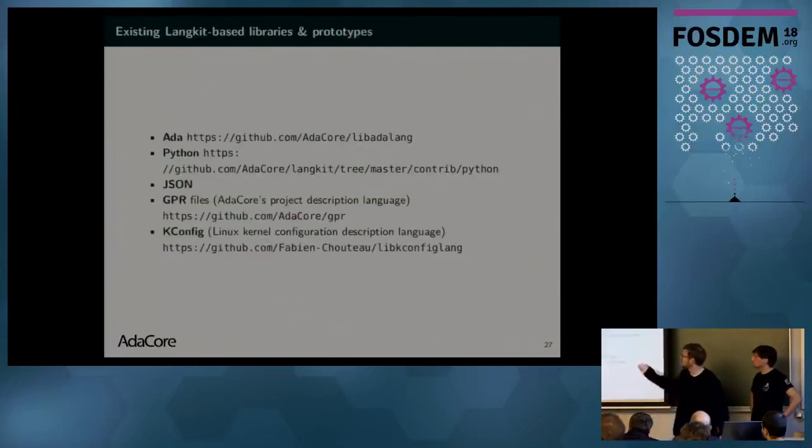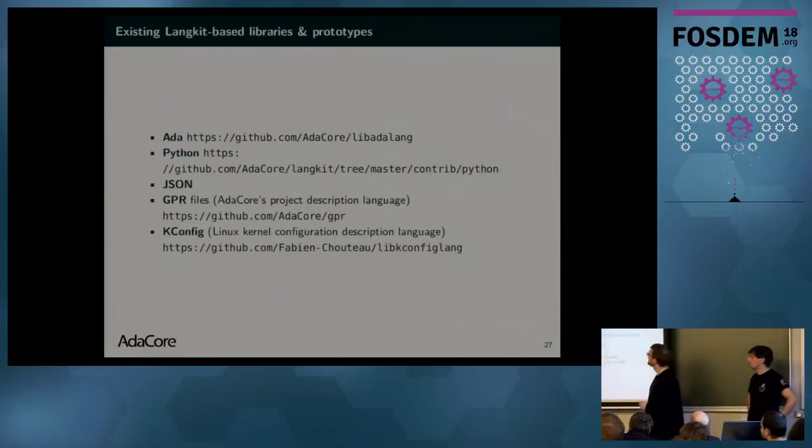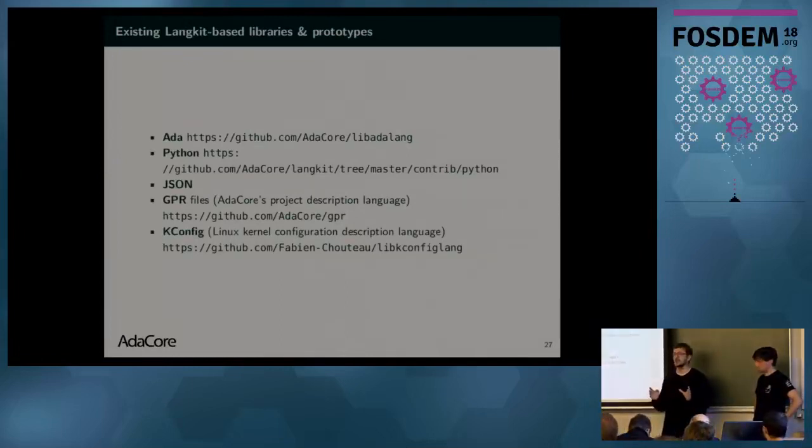So we already have a few prototypes for frontends based on Langkit. So we have Ada, libadalang, that is the most complete. And we have a Python one. For Python, we mostly have the parser, but we have a very simple model of how the scoping works. In Python, since it's a dynamic language, you don't really have static scoping, but you can model it so that you can use it in IDEs.